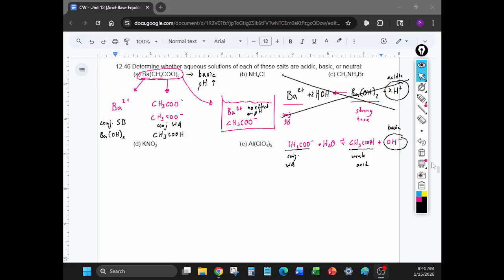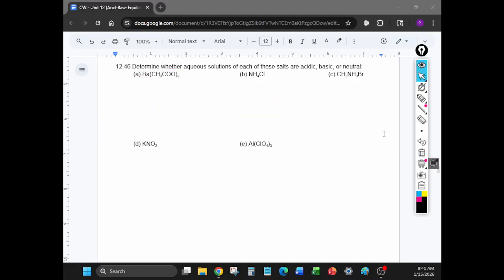All right, so let's check our answer. Let's start with part B, NH4Cl. If you take a look at NH4Cl, the two ions that are produced are NH4 plus and Cl minus. So we have to figure out if they're conjugates of strong or weak acids or bases. NH4 plus is a cation, so it's going to be the conjugate of a base.